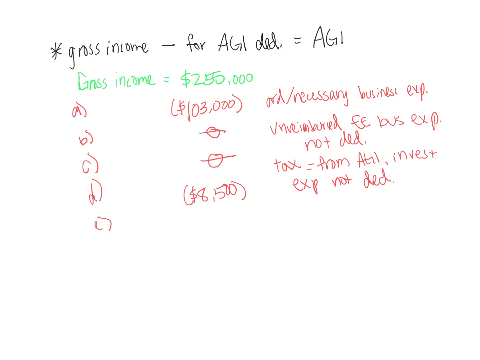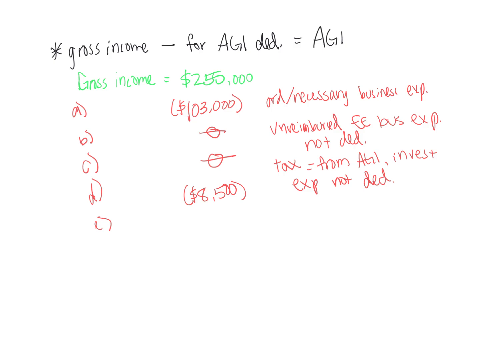We go to letter E. Letter E says, Jeremy paid $4,500 for health insurance coverage for himself, not through an exchange. And then Alyssa was covered by health plans provided by her employer. But Jeremy is not eligible for the plan until next year.